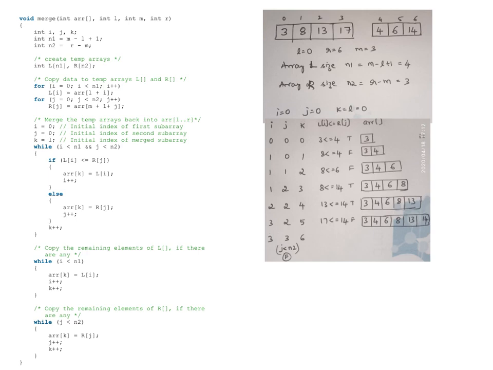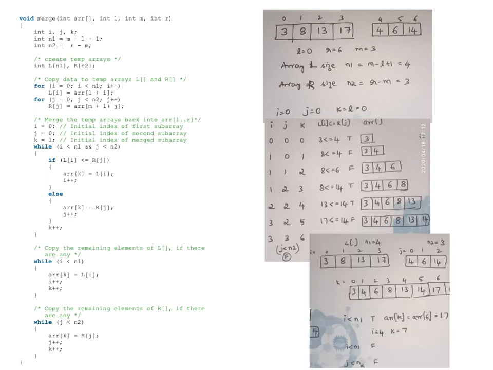Now once it comes out of the while loop, how many elements were there? There were 7 elements. Right now in the original array there are 6 elements, which means that it is likely that a few elements of one of the subarrays or both subarrays might be remaining. So now I will copy the remaining elements into the final array. I will first check if I is less than n1.